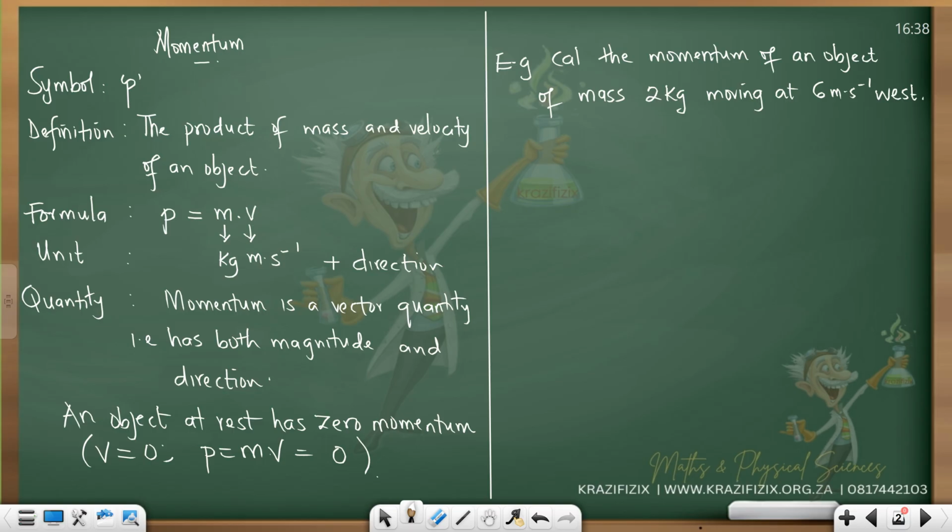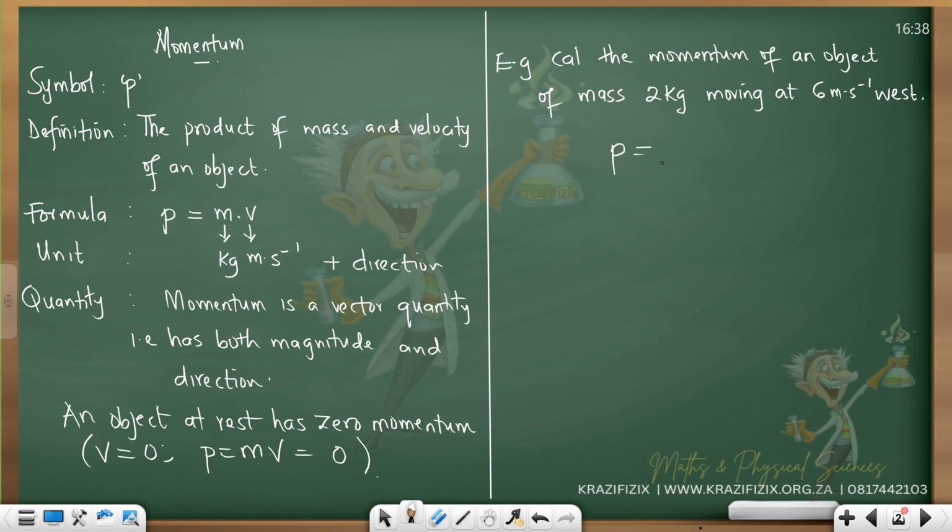Just a basic example that I know you can quickly figure out. Calculate the momentum of an object of mass 2 kg. We need to know that the mass is always in kilogram. I'm going to emphasize that. And our velocity is in meters per second.